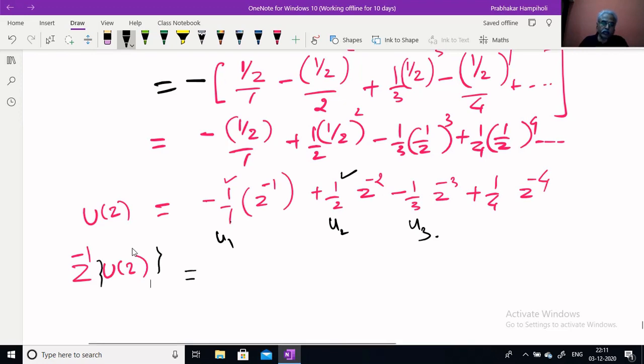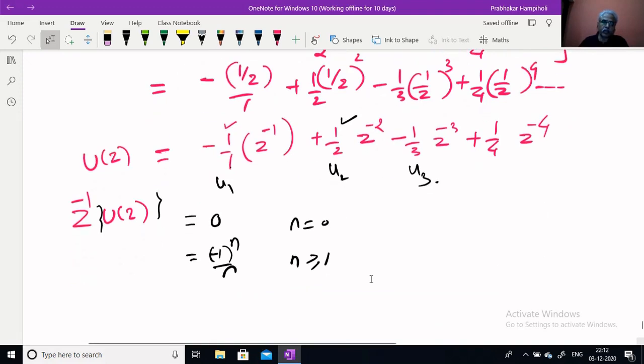is an n function which is 0 for u0 and it is minus 1 raised to n upon n for n greater than or equal to 1. If I put n equal to 1, I will get the first one. If I put n equal to 2, I will get the second one and so on.